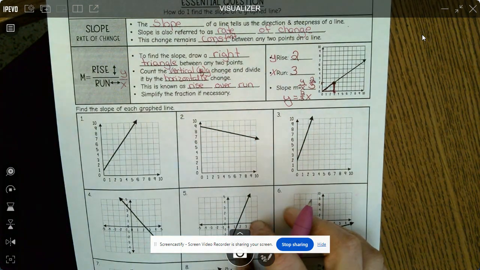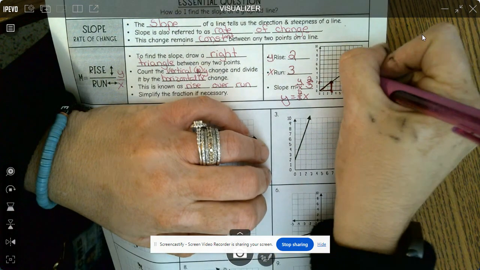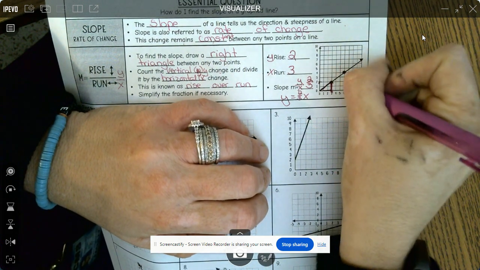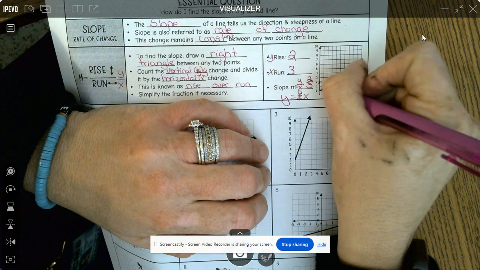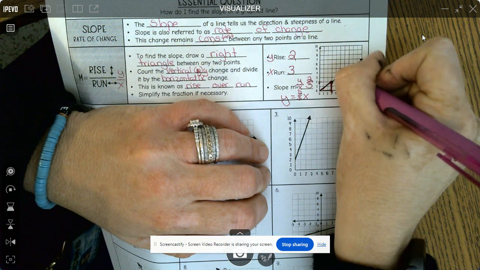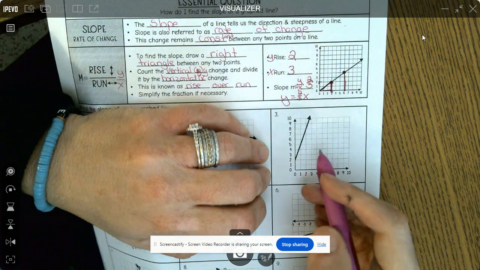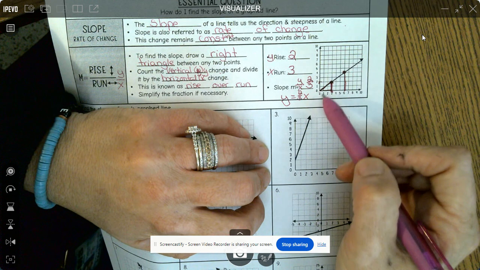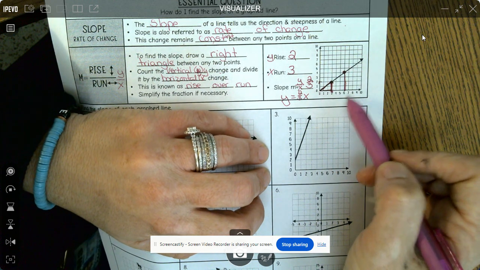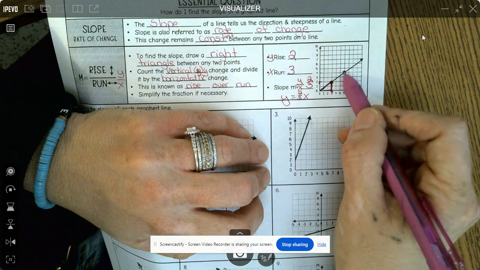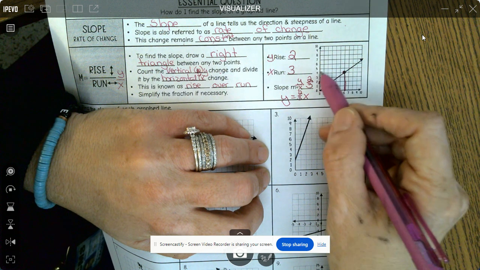Now, some people in my other class were like, oh, Miss Puente, I see this spot right here, right? And I'm going to create a triangle here because I have to create my 90 degrees, right? And that's not a problem. If you guys find other spots over here, not a big deal, all right? So if I rise up, how many spots to get to here? 4.